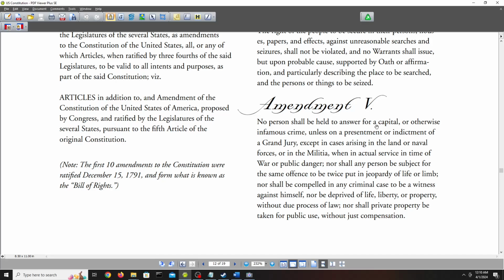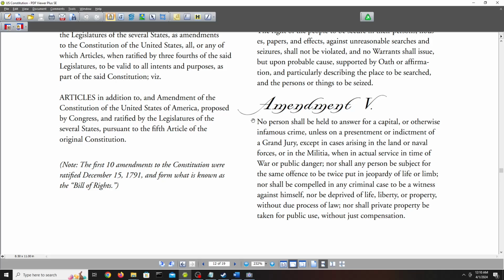That is its core purpose, period. As such, one of the many ways it protects us from that oppressive government action is to make sure, as the Fifth Amendment says, no person shall be held to answer for a capital or otherwise infamous crime, a felony, unless on a presentment or indictment of a grand jury.